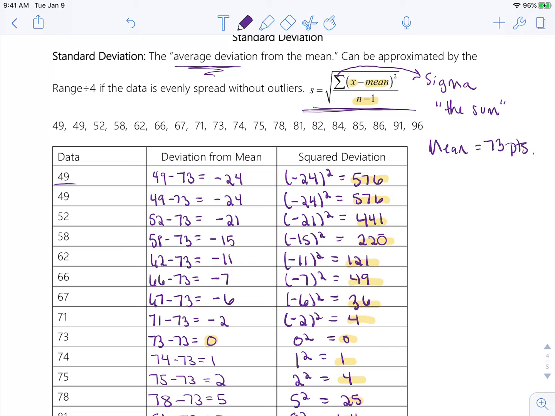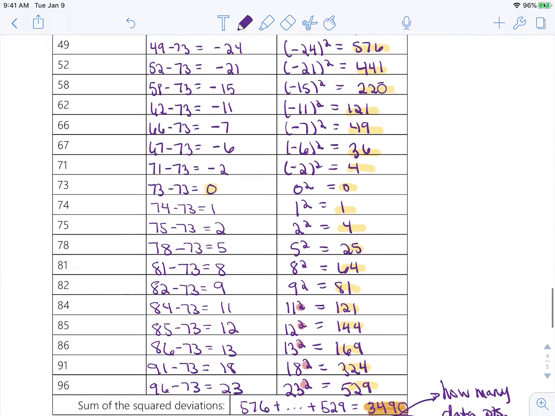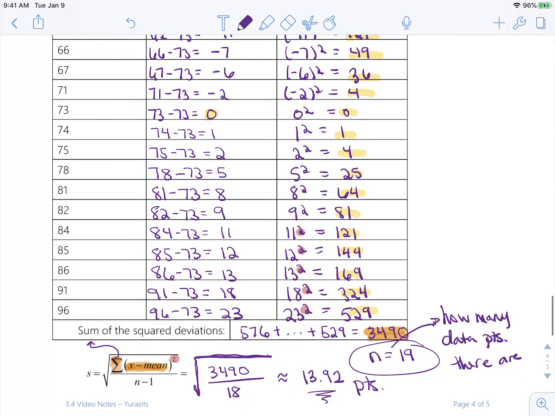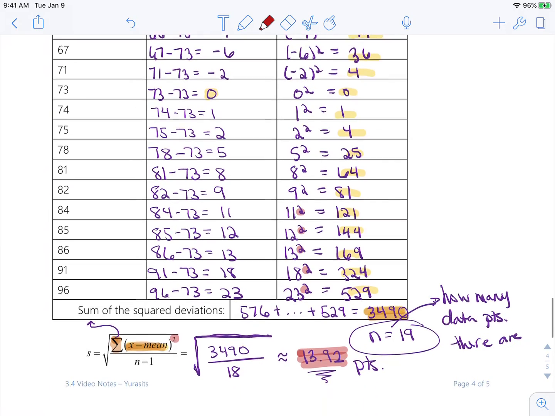We had to take the set of data, add it up, and get the average deviation. So it's not exact, it's just the average. So we're claiming the average deviation is 13.92 points away from that mean of 73. And again, we're going to get further into this, but right now it's just learning terminology and the formula.